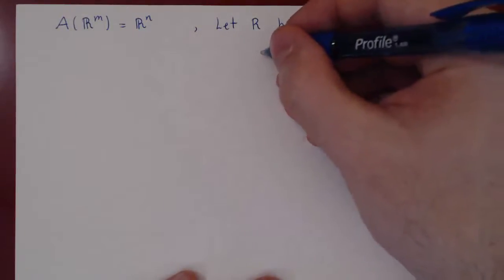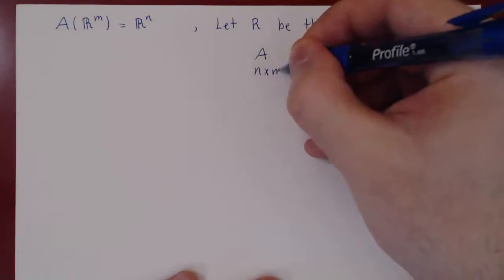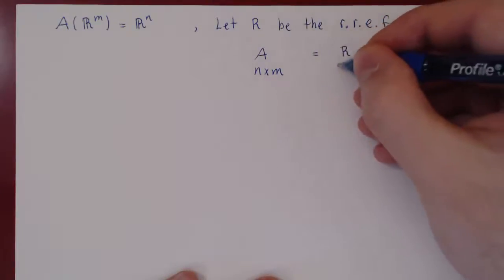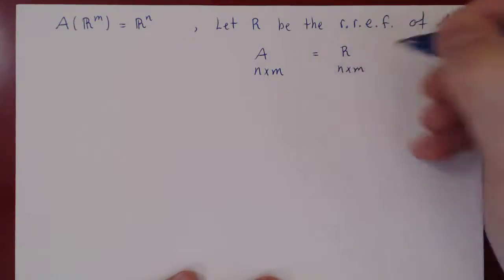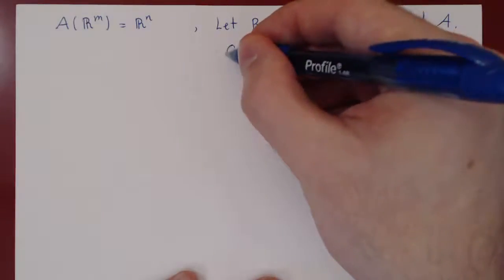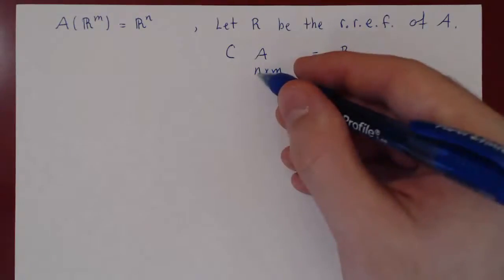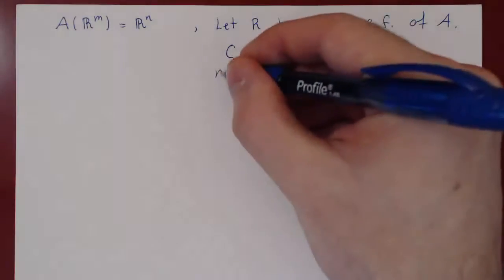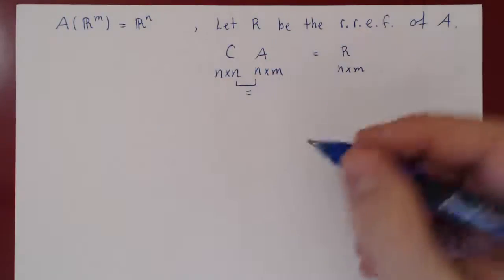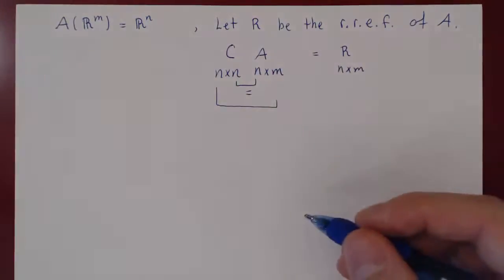And if you think of it, A was an n by m matrix. Therefore, R is of the same size, n by m. So if you want to multiply on the left of A by this invertible matrix called C, C will have to be an n by n invertible matrix. So n equals n, and the result is another n by m matrix.